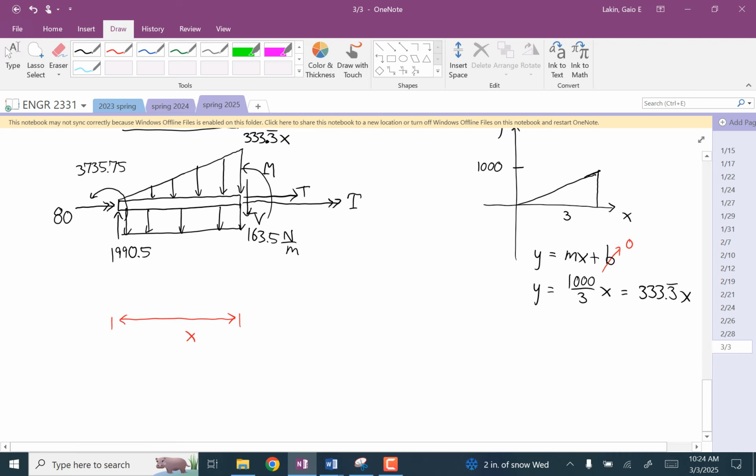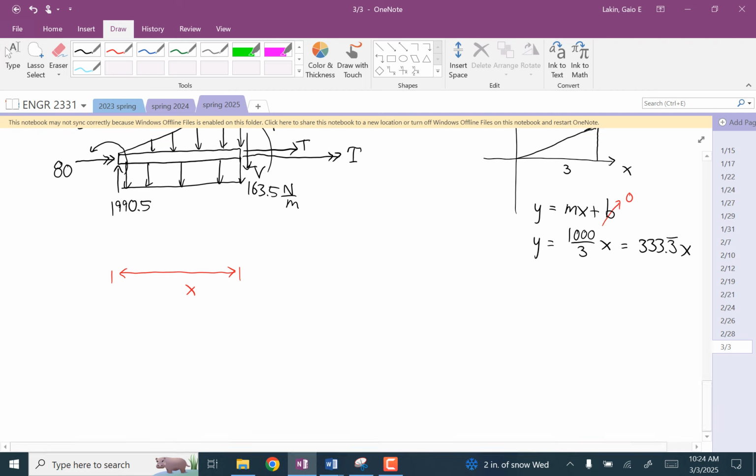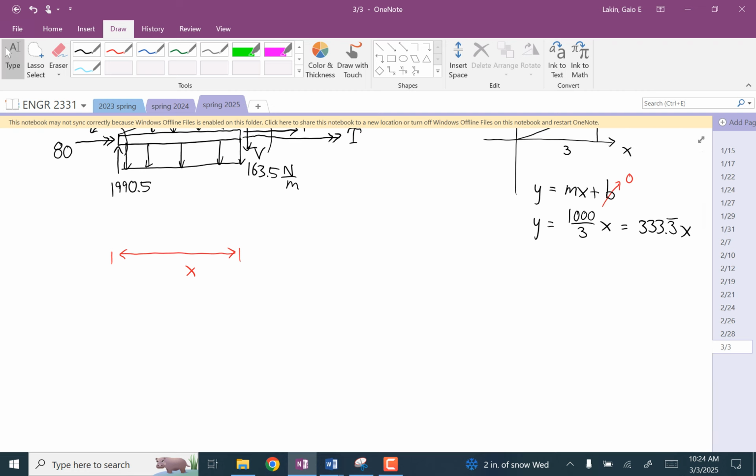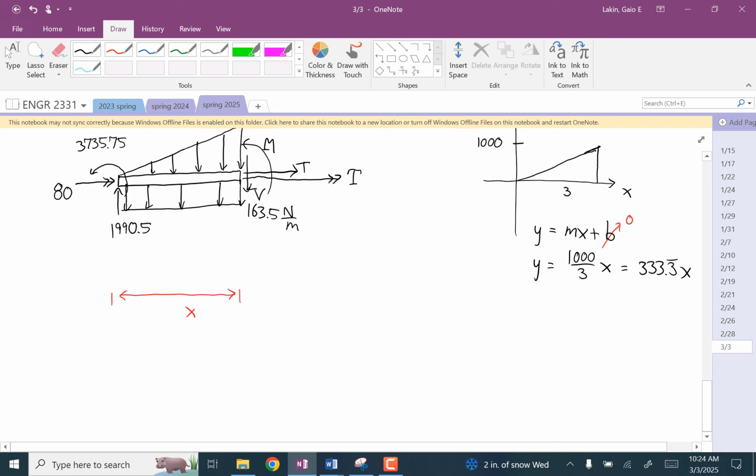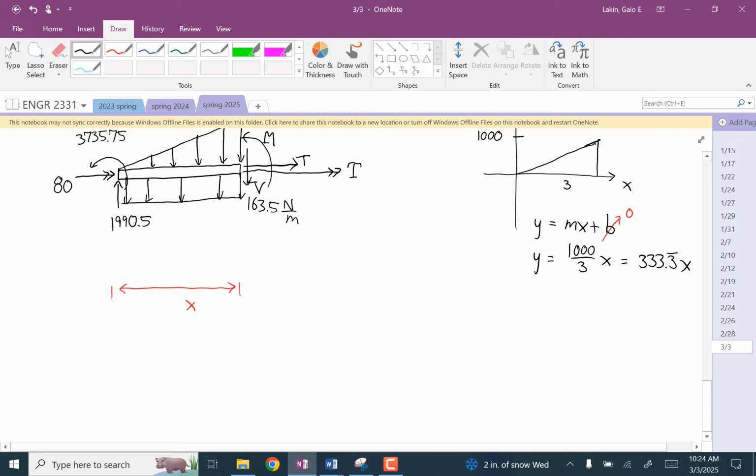Okay, now we've chosen that cut. Now we can think about turning those distributed loads into equivalent point forces. So I'll first do the triangle.